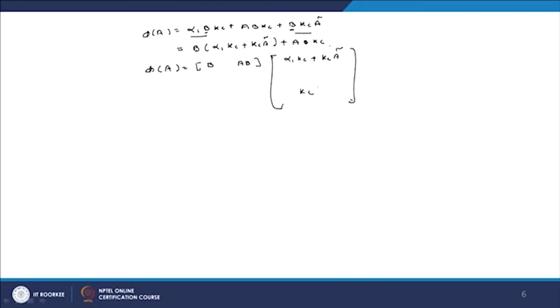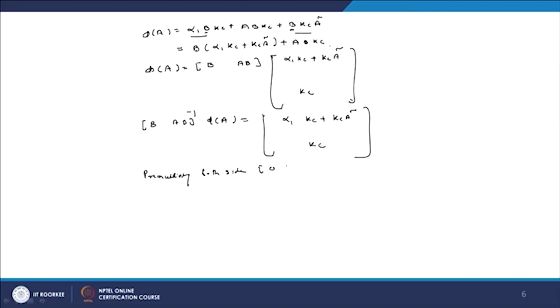We pre-multiply both sides of the equation by the 0 1 matrix, and prior to this we will write the equation as B AB inverse phi of A equal to alpha 1 Kc plus Kc A bar into Kc. Now, here we pre-multiply both sides by say 0 1 matrix.